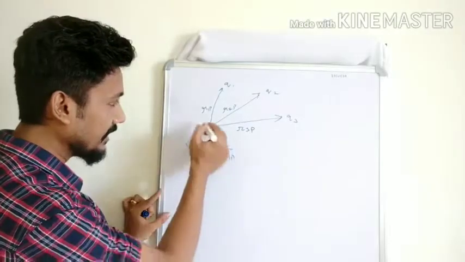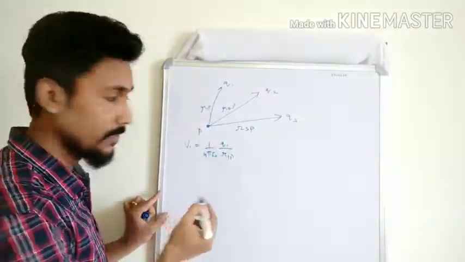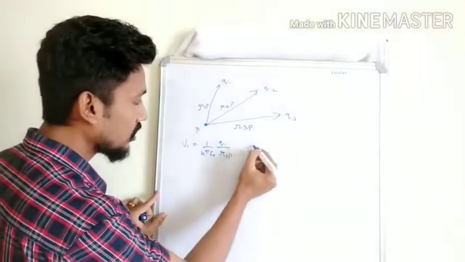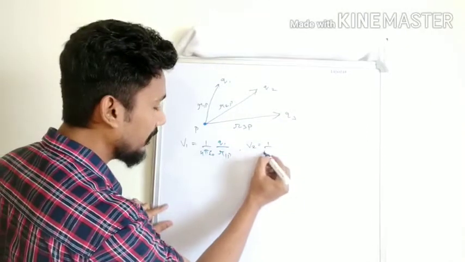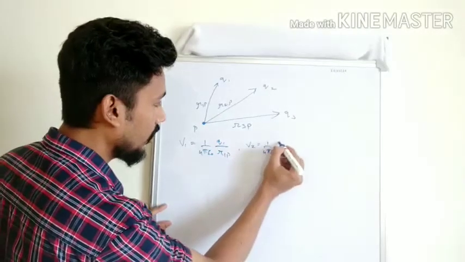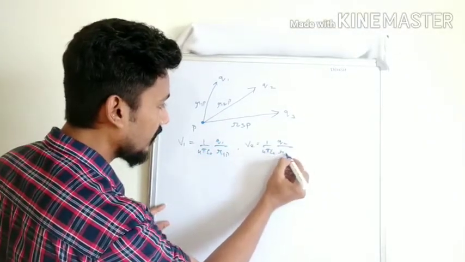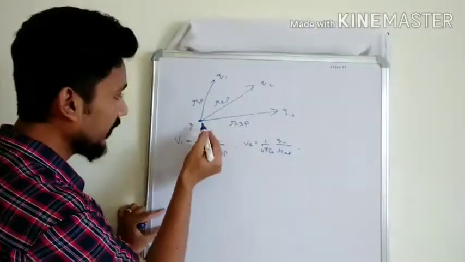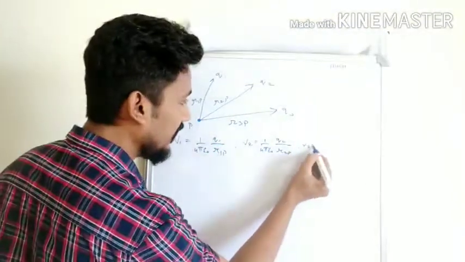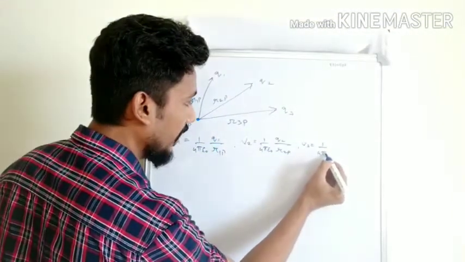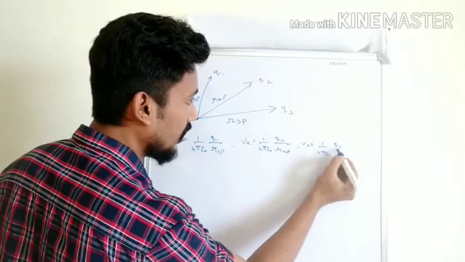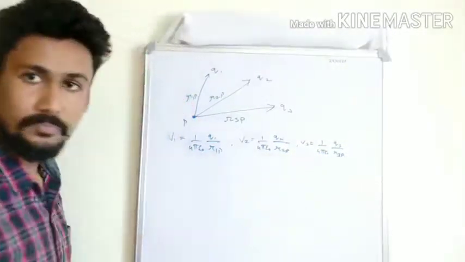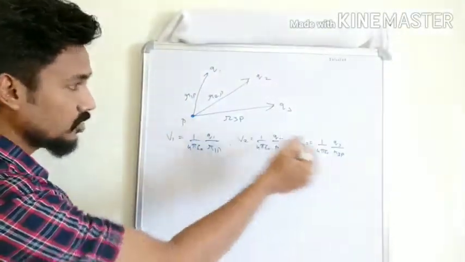R1P, you can see, is the vector going from P to Q1. Similarly, potential at point P due to Q2, let us call that V2, will be equal to 1 by 4 pi epsilon naught Q2 by R2P. Similarly, potential at P due to Q3 will be V3, which is equal to 1 by 4 pi epsilon naught Q3 by R3P. These are the individual potentials.